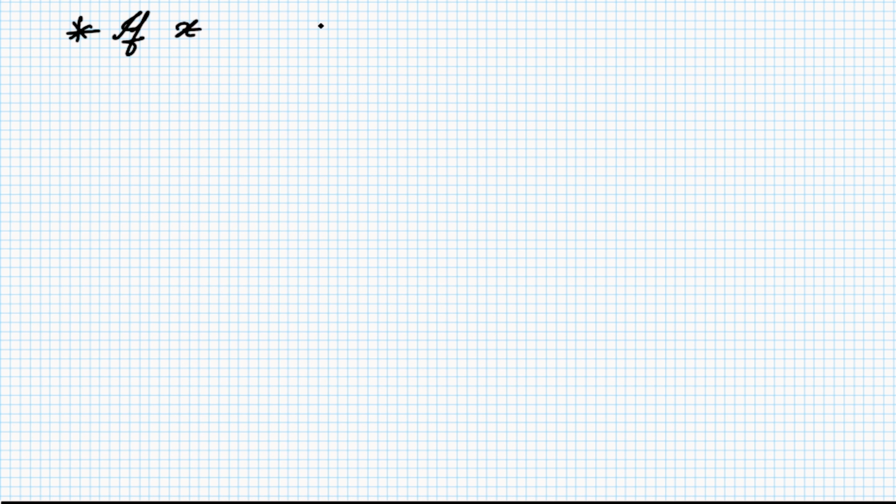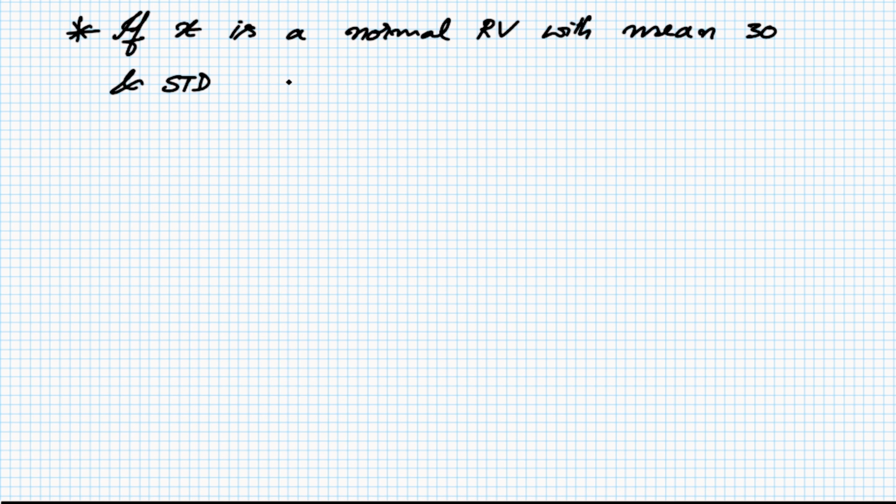If x is a normal RV, which stands for random variable, with mean value 30 and standard deviation 5, find the following.